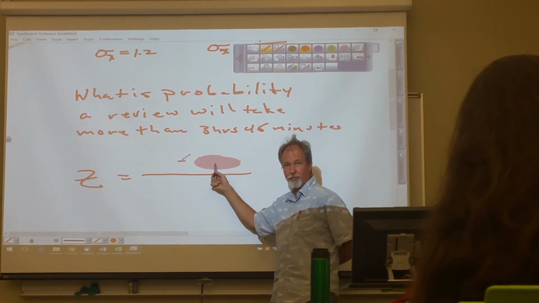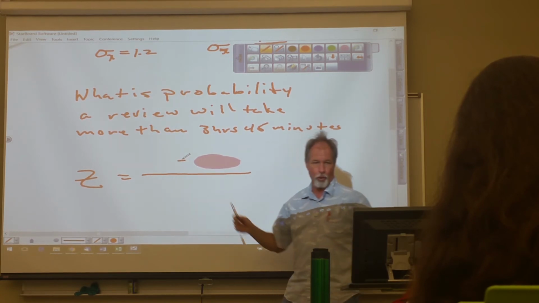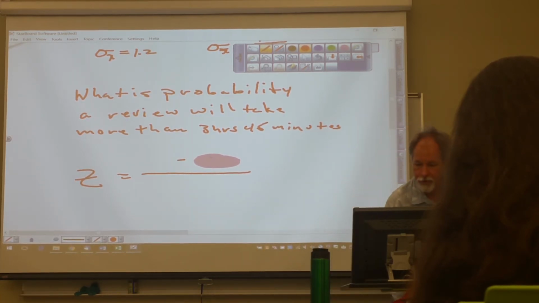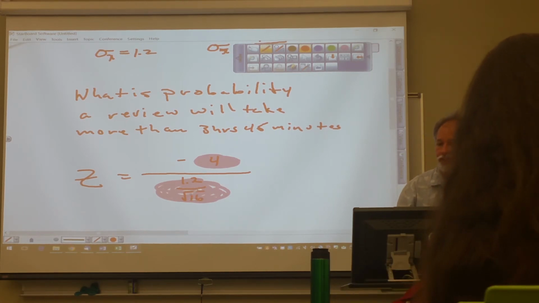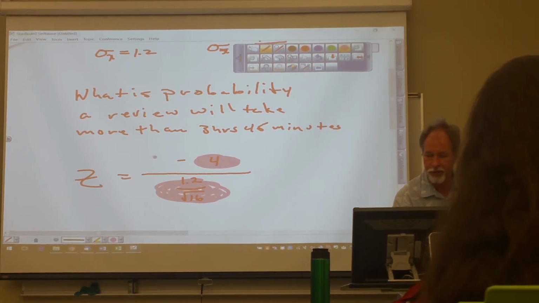The mean, which is 4. What number goes down here? The 0.3 there. 1.2 divided by the square root of 16. And what number goes here?